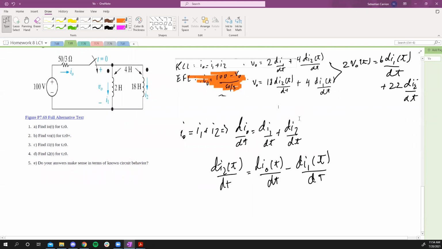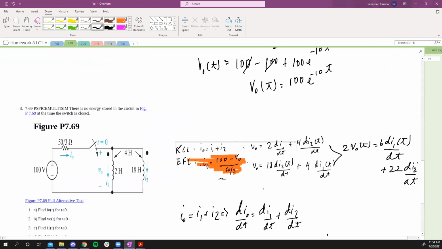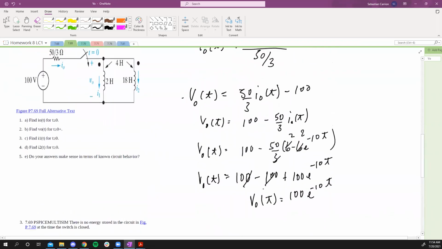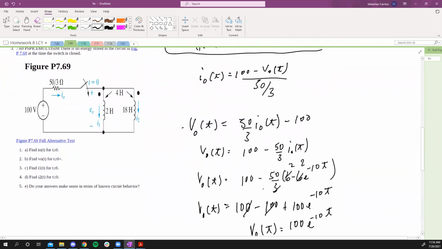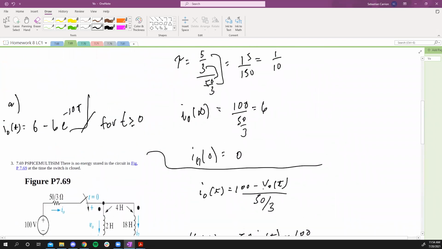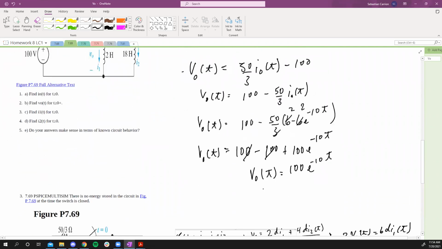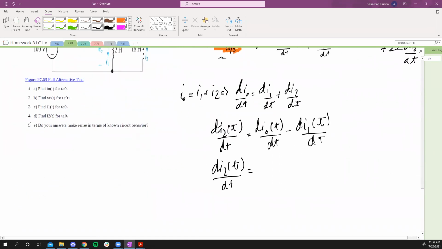So then I know that I naught is 6 minus 6 e to the negative 10t.